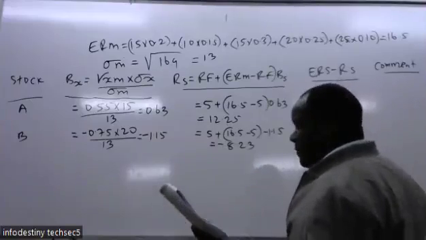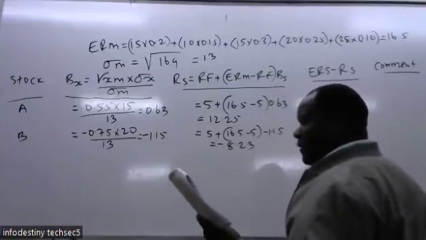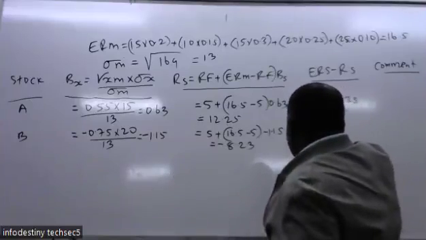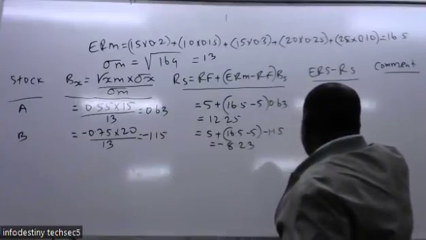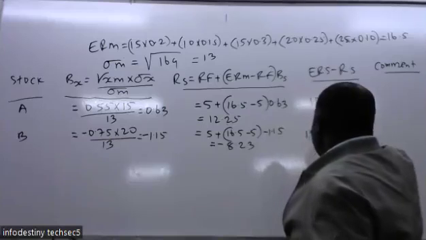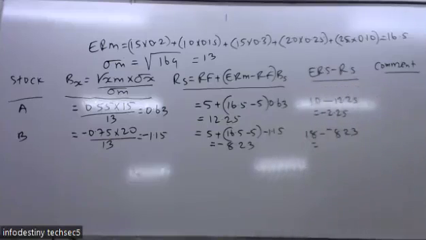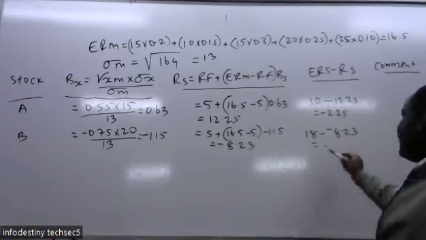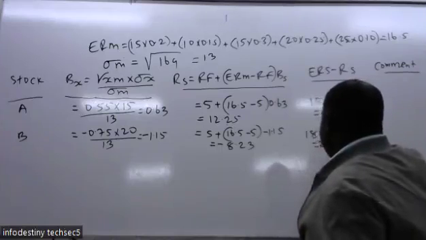Yeah. So now the expected return was given as 18. So 18 minus negative 8.23. The negative and the minus will turn to be positive, so it appears 26 point something.